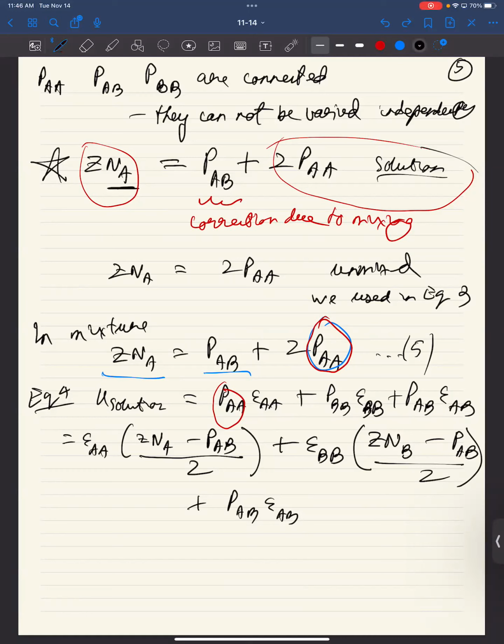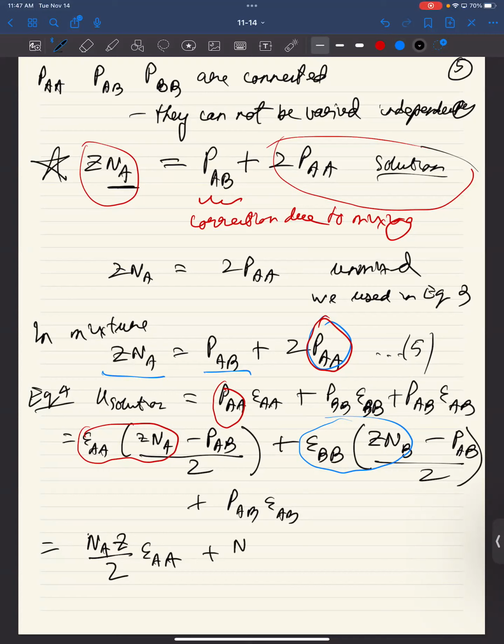Okay, and we can simplify this expression. How do we simplify it? We take epsilon AA ZNA, and that becomes NA Z by 2 multiplied by epsilon AA. Then we take epsilon BB ZNB, and that becomes NB Z by 2 epsilon BB.